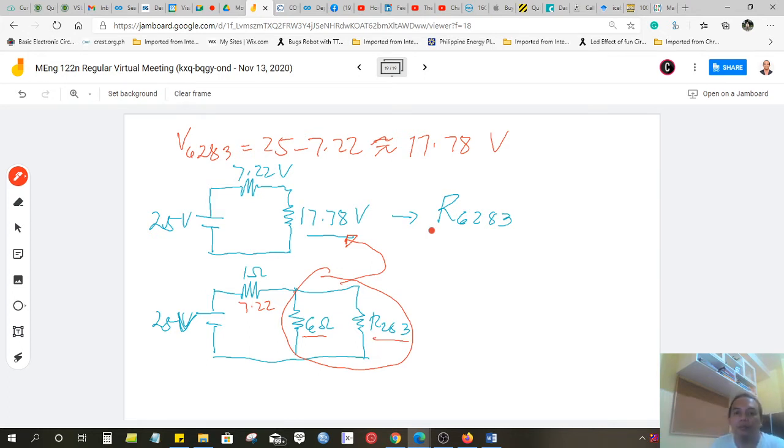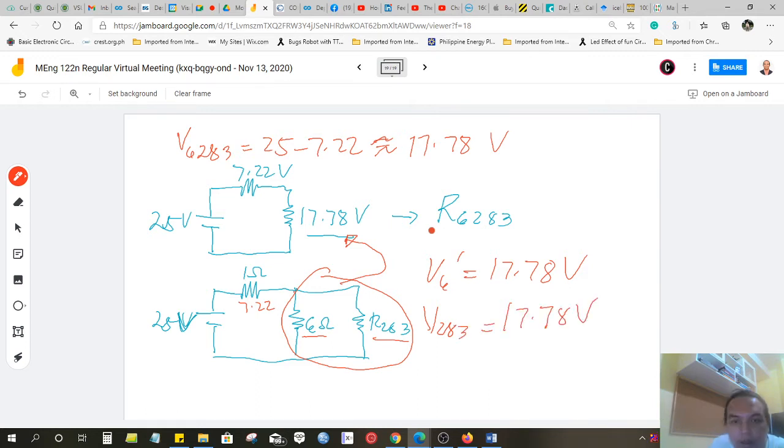Buot pa sabot, voltage at 6 ohm prime, that is 17.78 volts. Also, the voltage at R 2, 8, 3, that is 17.78 volts. Why?